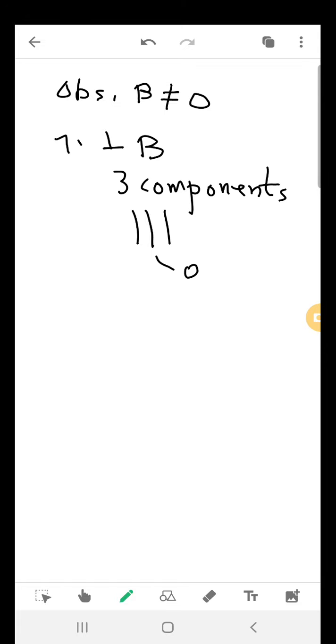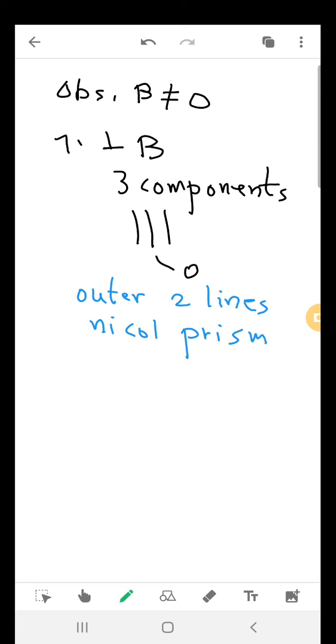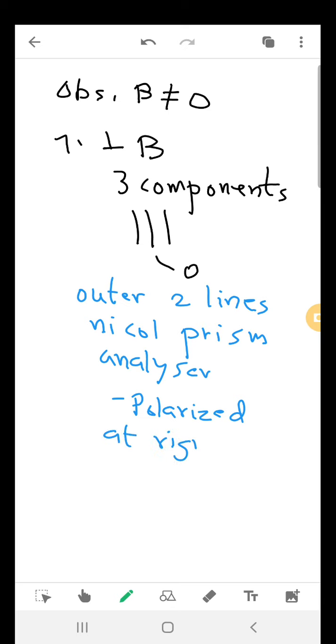Another observation is that when these outer two lines are observed by means of a nickel prism as an analyzer, the lines get polarized at right angles to the undisplaced lines, the original line. Polarization means that of the electric and magnetic components of light, one remains and the other gets diminished.